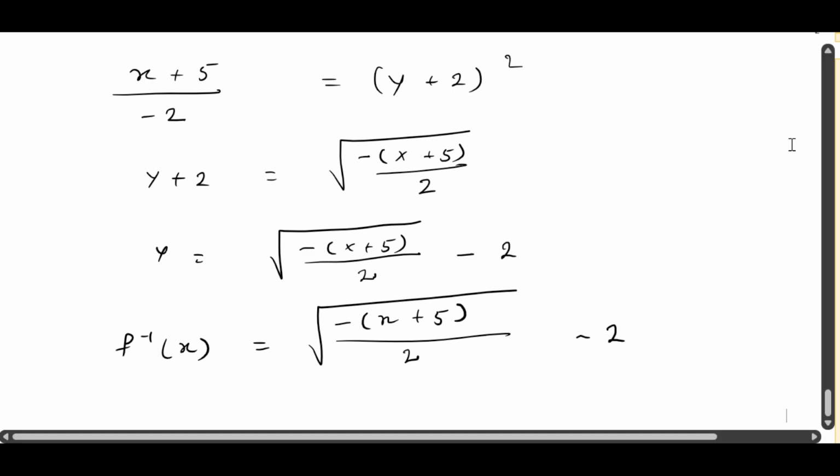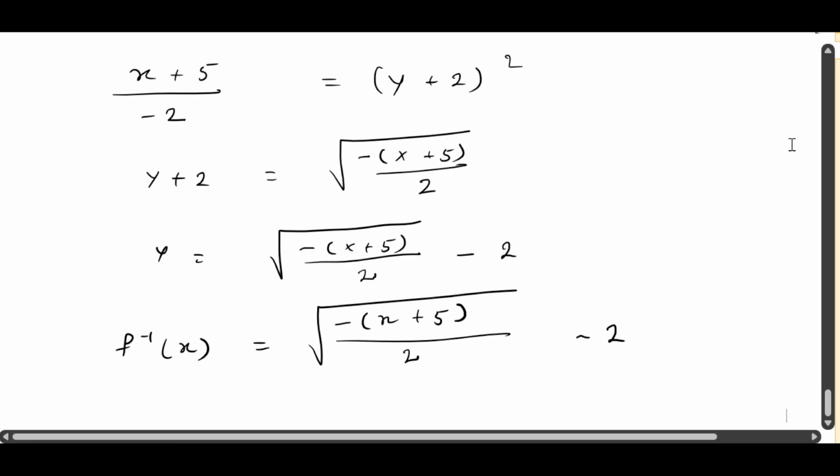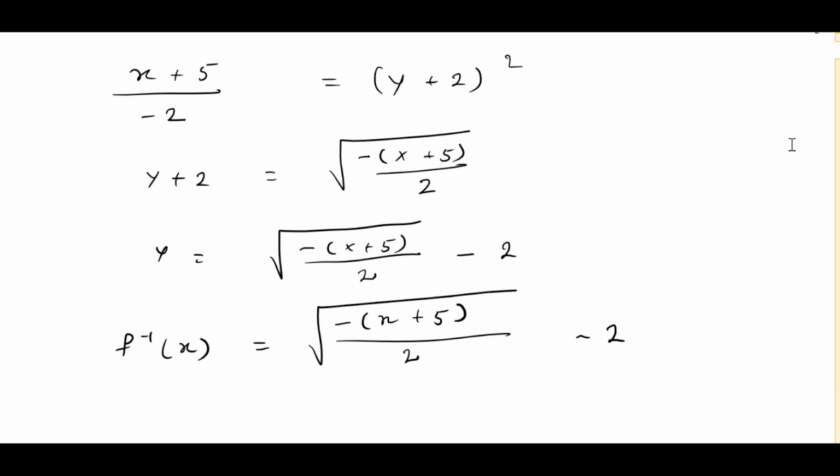Now the range of this inverse function. Range of this inverse function means again you have to find what values this whole expression will take. You know that x can take a maximum value of -3. So if I start with that, -3 plus 5 will give me 2, and 2 upon 2 is 1.